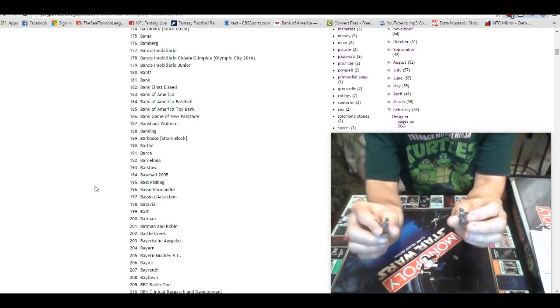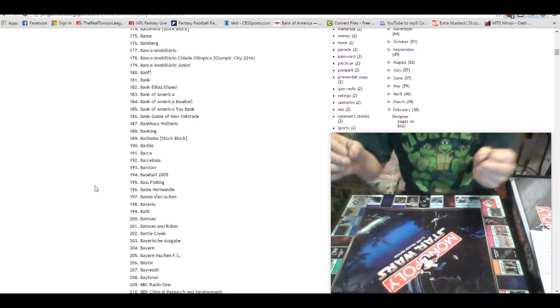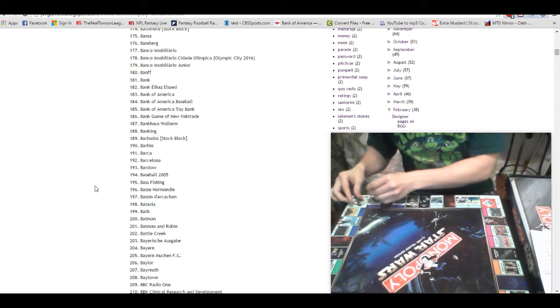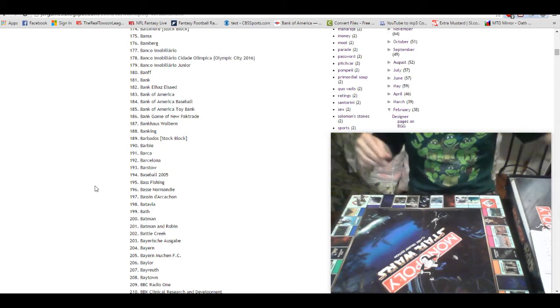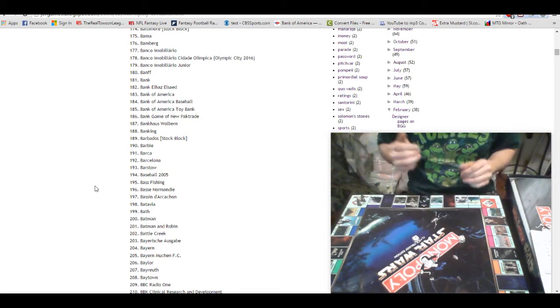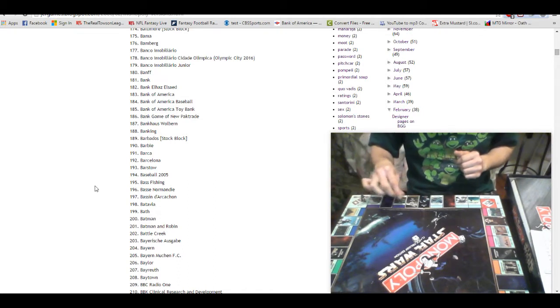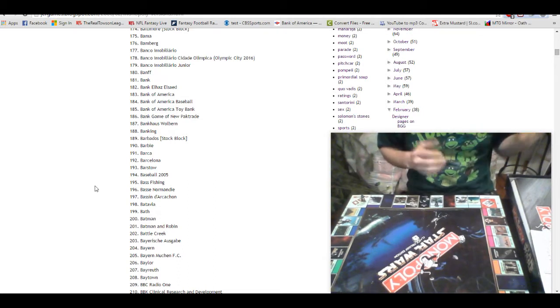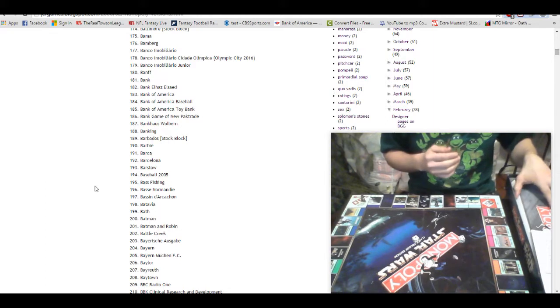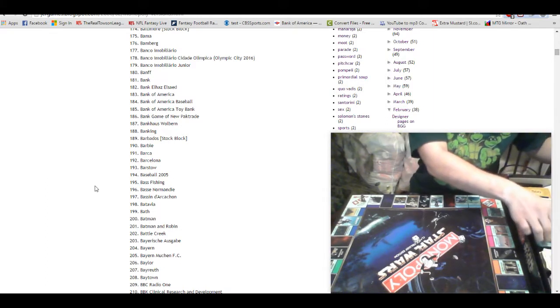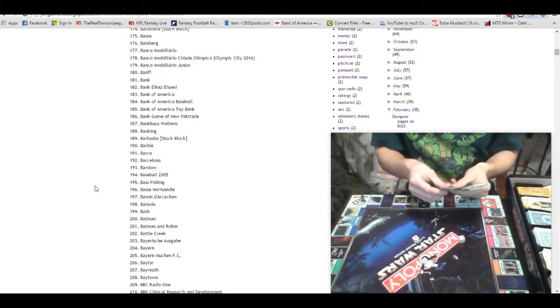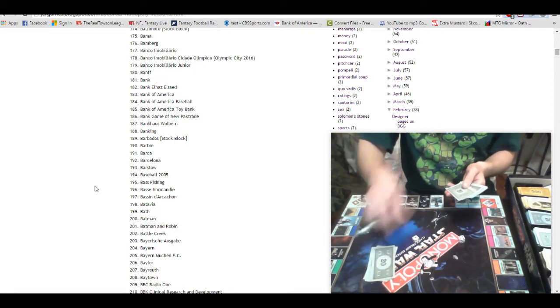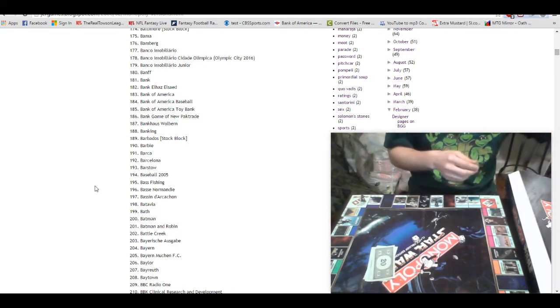So in this game, if you don't know Monopoly, you pick a little person, it doesn't matter, and you start at one side of the board, and each turn you're going to roll some dice and move your little guy along. When you land on a space, you have the option of buying it. Everyone starts with a certain amount of money, and you pay money to the bank, and you get a property card.